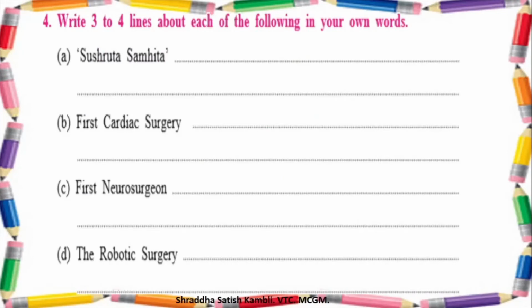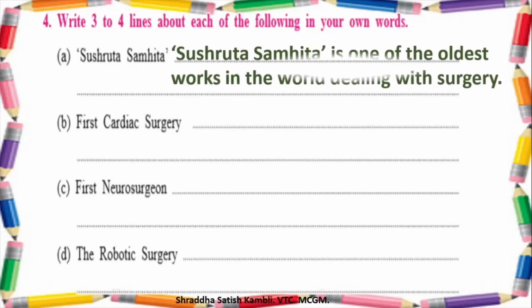Then you're supposed to write 3 to 4 lines about the following in your own words. So what is the Sushruta Samhita? So the Sushruta Samhita is one of the oldest works in the world dealing with surgery.